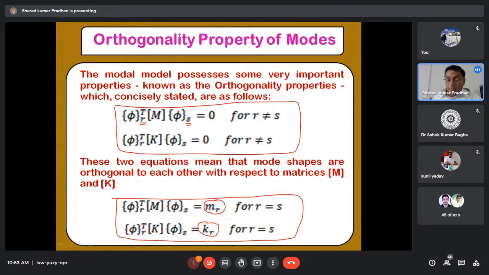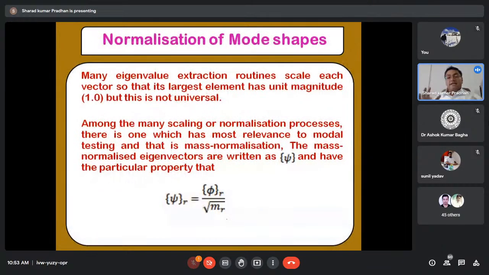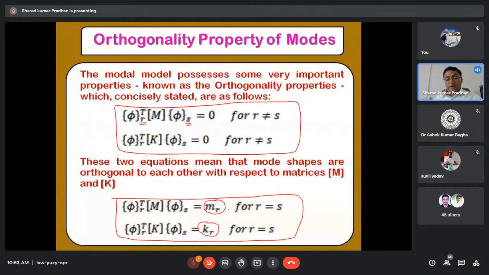This is the orthogonal property. Now normalization: because mode shapes can be scaled up or scaled down, you can do anything. So you scale it with under root MR. And from where are you going to get under root MR? From this equation. If you have the mass or stiffness matrix, any one of them, you are going to get MR. So if M is available, you can easily convert it into MR, and if KR is available, you can easily convert it into KR.